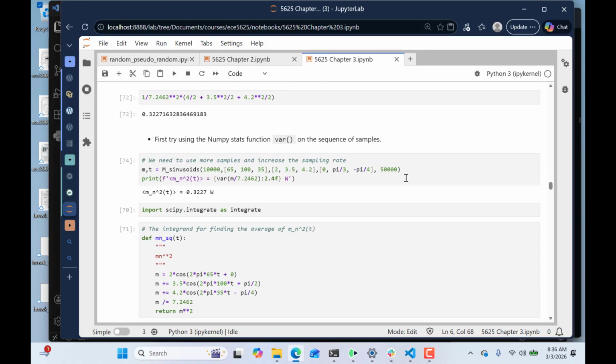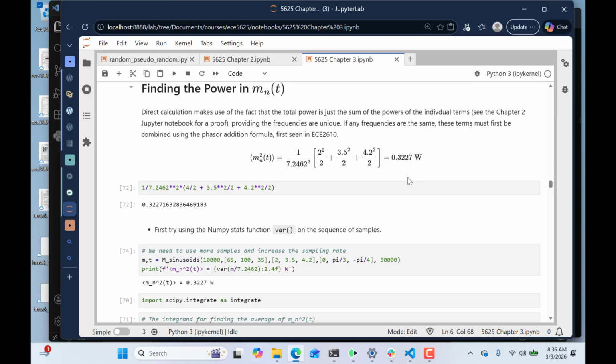In 2610 you can find out the power of a sum of sinusoids as long as the frequencies are unique. You can just sum the power in each sinusoid, so it's A squared over 2, but then we're dividing by the peak, the normalization factor squared, and we get 0.3227 watts.